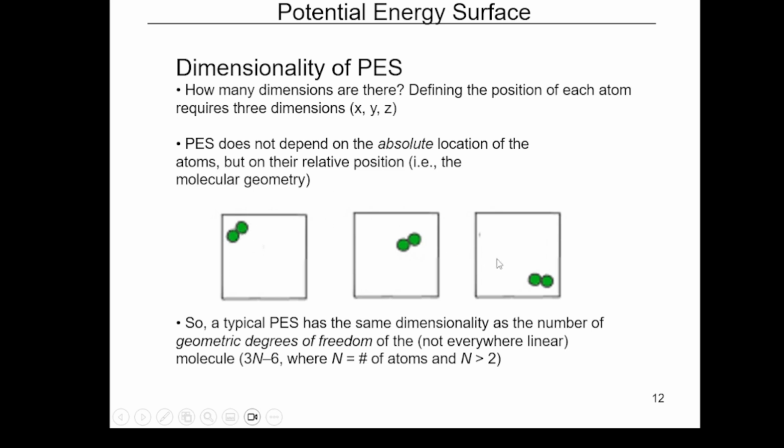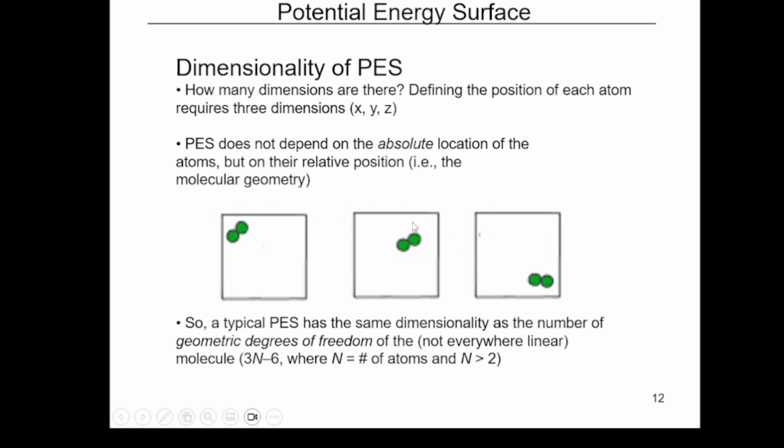Now these three figures show that this diatomic molecule has different absolute positions. In this corner, somewhere here, and on this corner, they have their different absolute positions. But the relative position of one atom to the other one is the same here, and the same here.